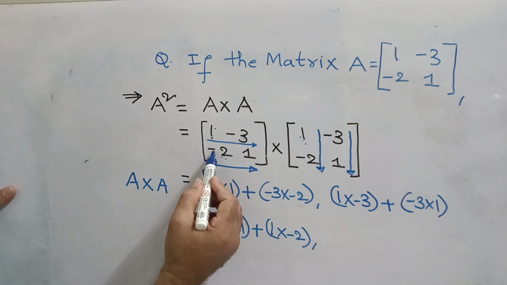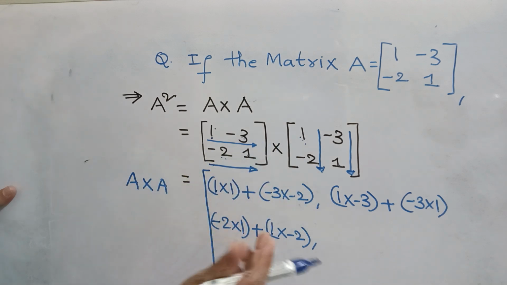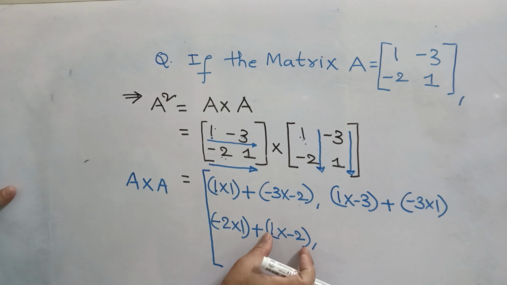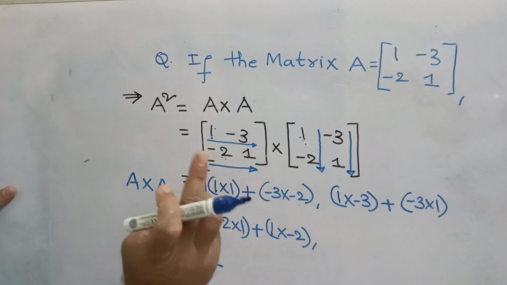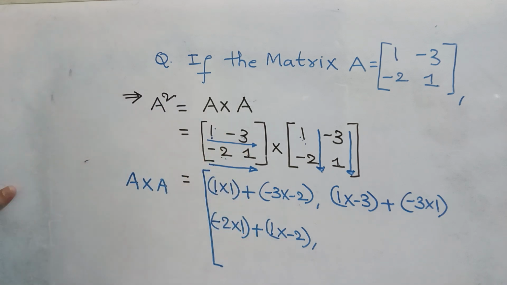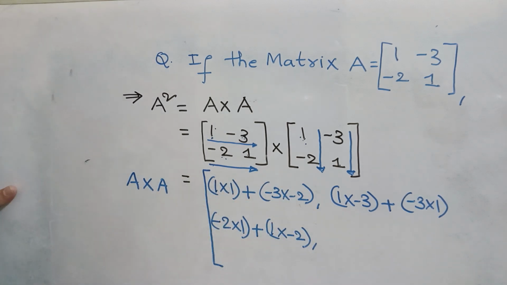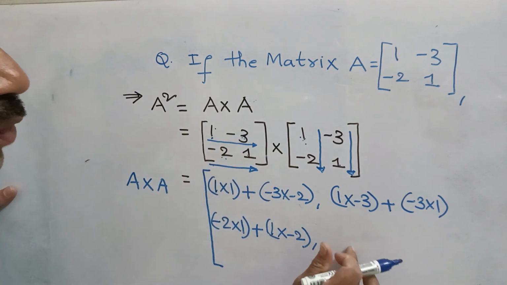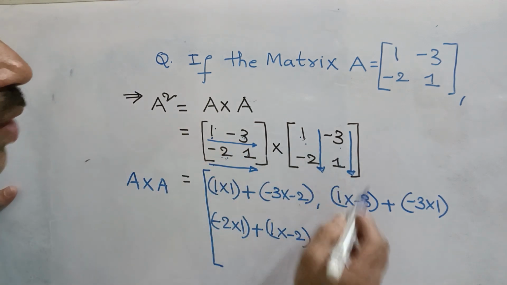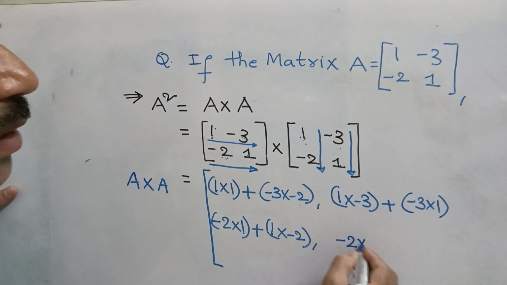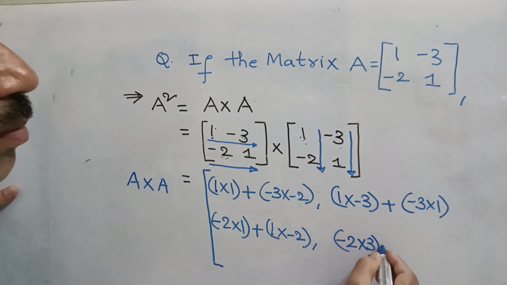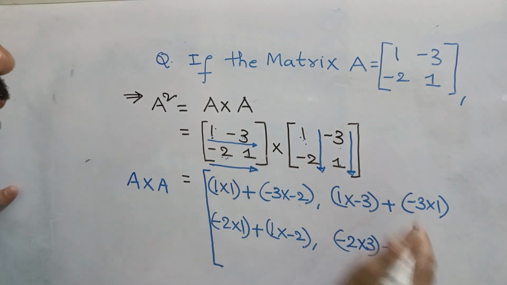Therefore, wherever the signs are there, put them in a bracket definitely, so that you will not get confused and you will get the perfect answer. Whenever signs come, it is the simple fundamental that you write that in a bracket as I am writing here. Clear? And coming to the fourth element, minus 2 into 3 plus 1 into 1.